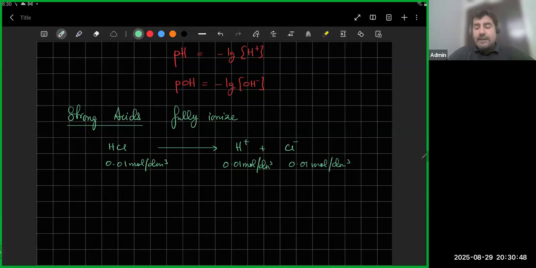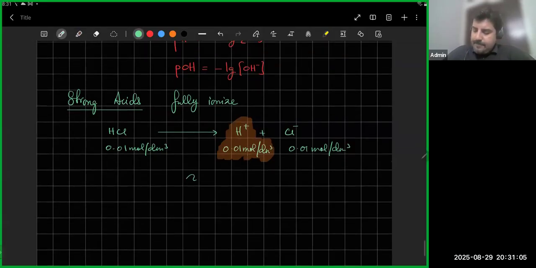So strong acids are easy. You can figure out the H plus 1 concentration very easily. That's 0.01 mole per dm cube. You don't have to do any special calculations for that. Now HCl is obviously aqueous. There's water present as well. But you're going to ignore water, because water would also be producing some H plus 1 ions, right? Why are you going to ignore water?